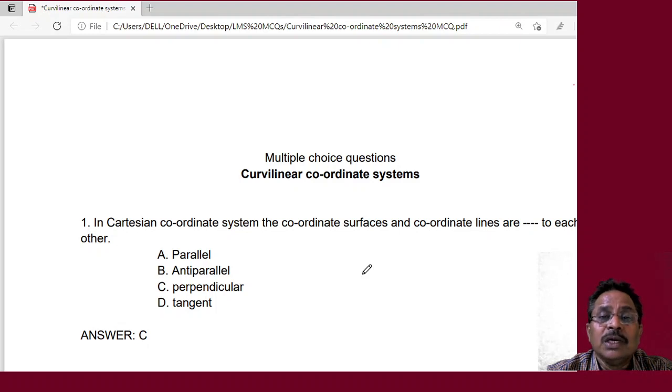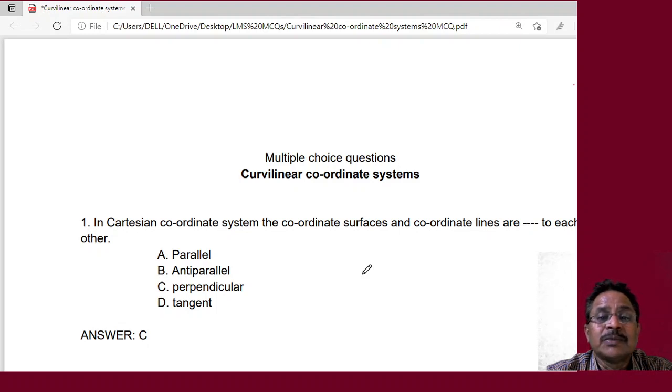Then we go for scale factors, metric coefficients, and once we understand all these things, we can go for several geometrical as well as calculus parameters such as length element, surface element, volume element, as well as gradient of the scalar point function, divergence of vector point function, curl of vector point function, and Laplacian of the scalar point function.